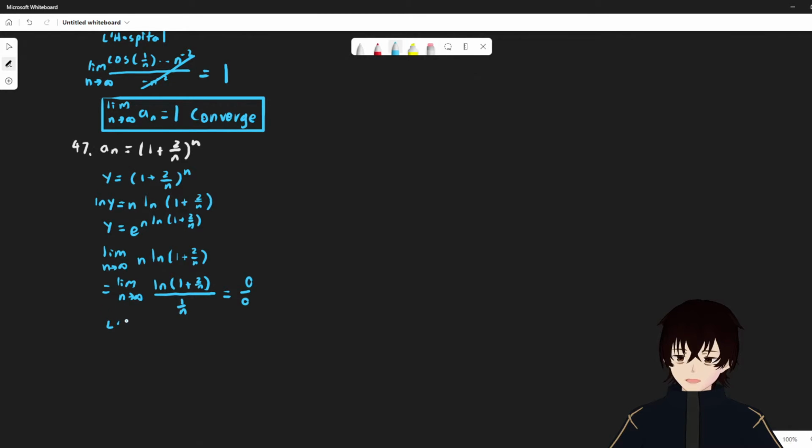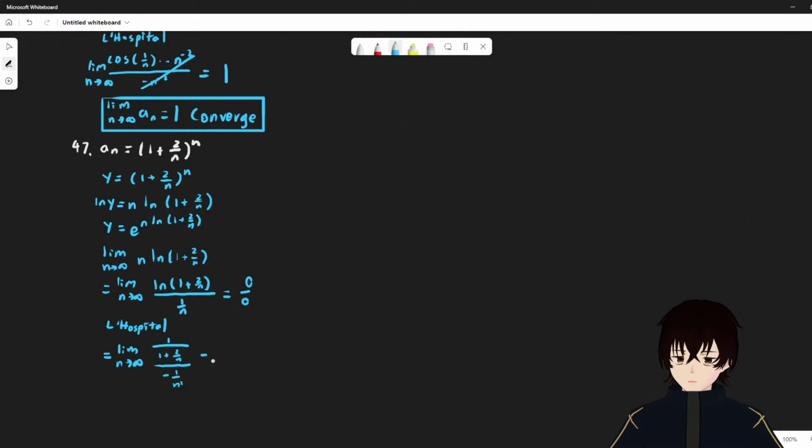And then we go L'Hopital. Then this would be equal to the limit as n approaches infinity of 1 over 1 plus 2 over n over negative n to the power of negative 2, or negative 1 over n squared.